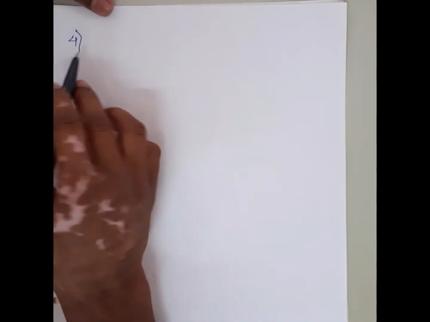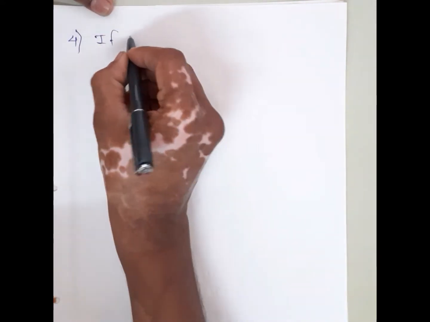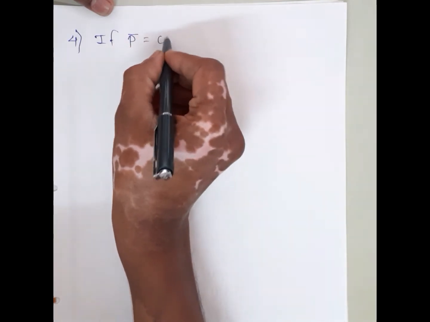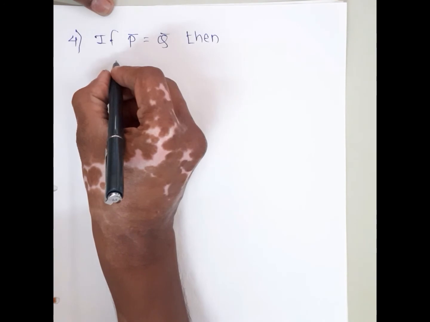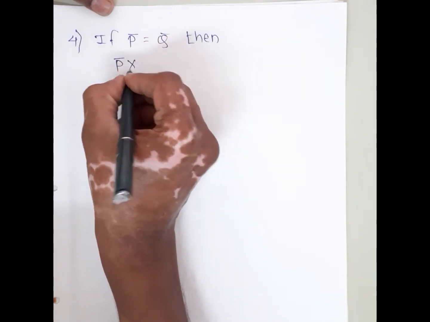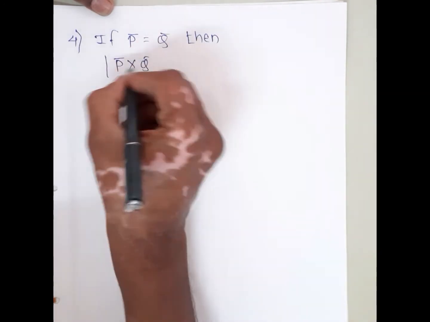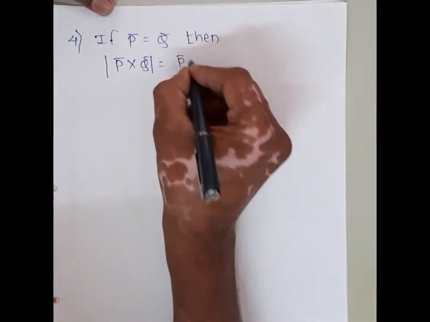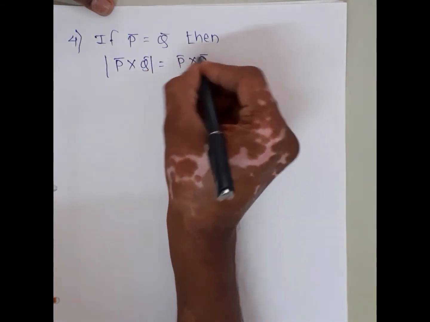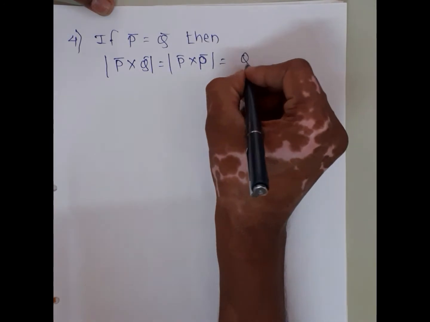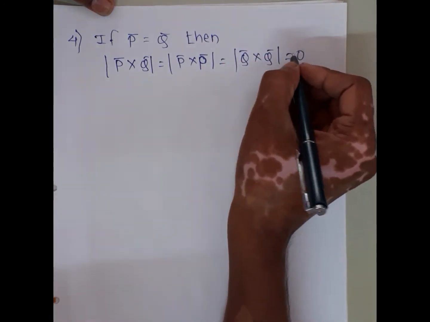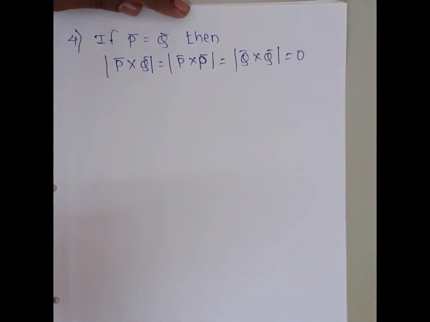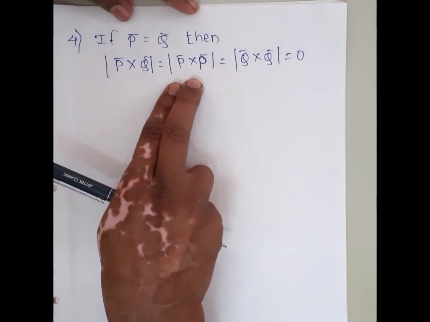So the fourth characteristic of vector product: if P bar is equal to Q bar, then P bar cross Q bar is equal to P bar cross P bar or Q bar cross Q bar, which is equal to 0. It means if we take the cross product of the same two vectors, then it equals 0.